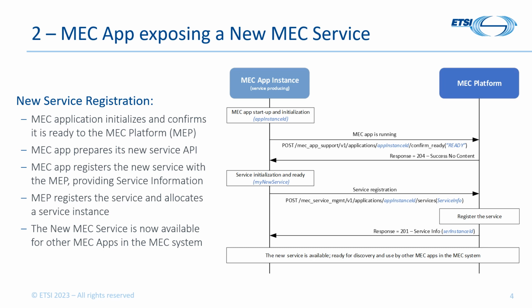When it's ready, the MEC app registers the new service with the MEC platform via a POST method to the service's endpoint, providing its application instance ID and service information with details about the new service, including its endpoint for consumers to use. The MEC platform will verify the request and add the service to its service registry. The service is now ready to be discovered and used by other MEC applications in the MEC system.